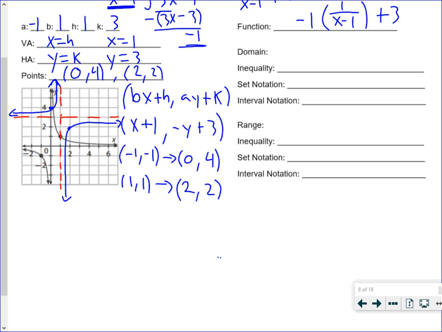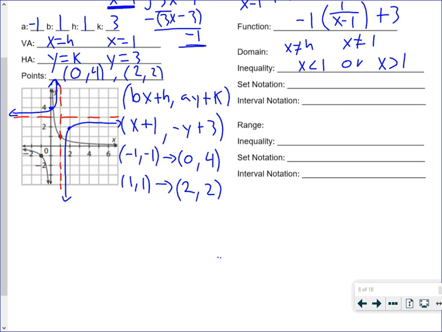And now we're going to figure out what our domain and range are. So remember, our domain can never equal h, right? And that's because x equals h is our asymptote. We cannot have any points on the asymptotes. So x cannot equal h, and in this case, x cannot equal 1. So our inequality will be x is less than 1, or x is greater than our h value of 1.